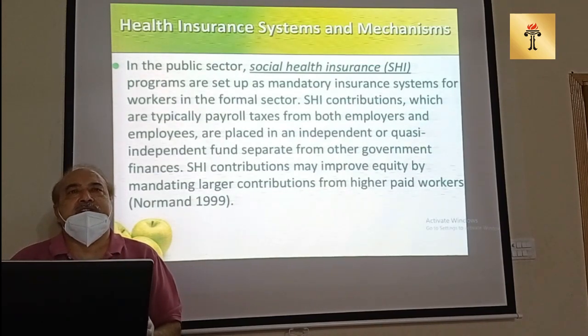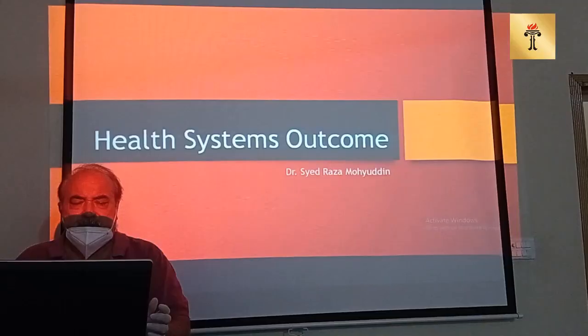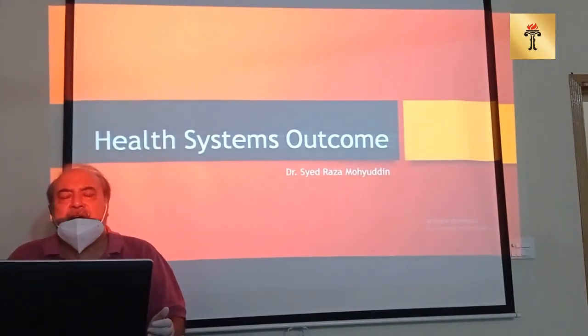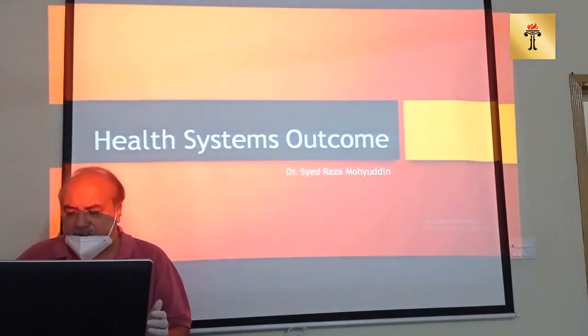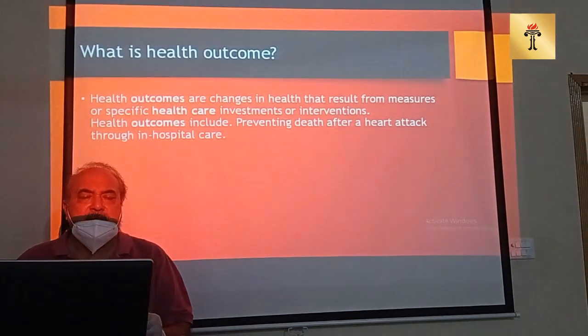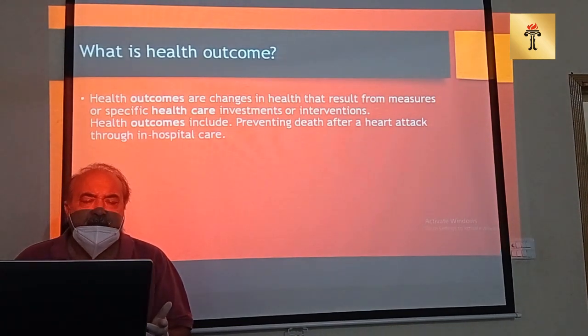All this, now we will study the health care outcomes. Now we see what the different health system outcomes are. And first of all, we will learn what a health outcome is.